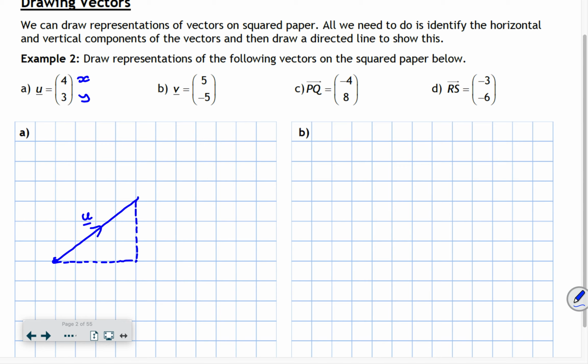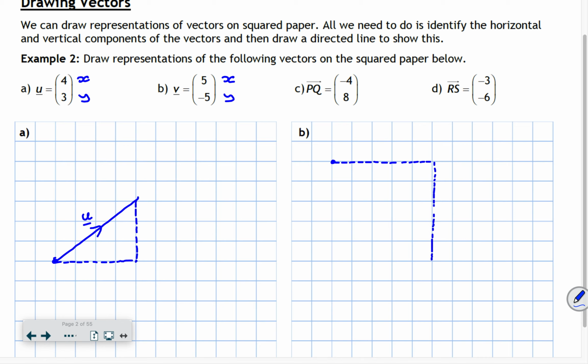Okay. Looking at vector v, it has components 5, negative 5. So that's 5 in the x direction and negative 5 in the y direction. So again, make sure you leave yourself enough room. So I will start here. I'll go 5 to the right. So 1, 2, 3, 4, 5, and then 5 down the way. 1, 2, 3, 4, 5.